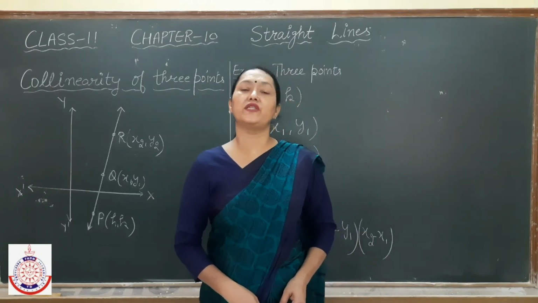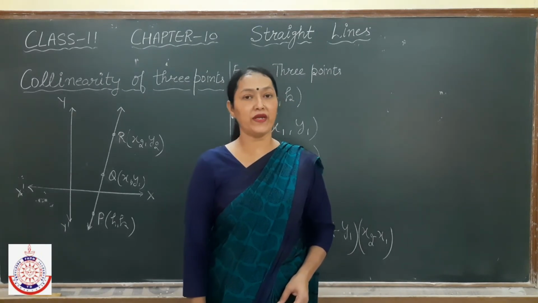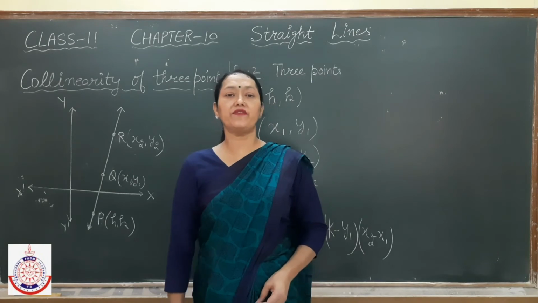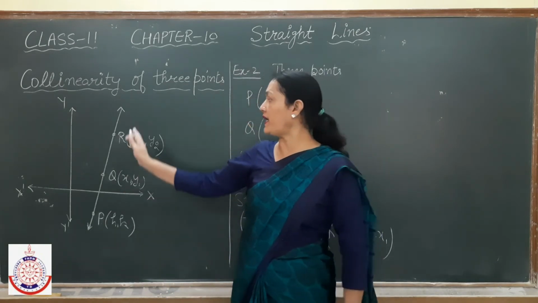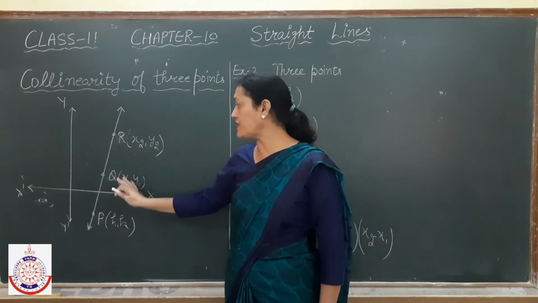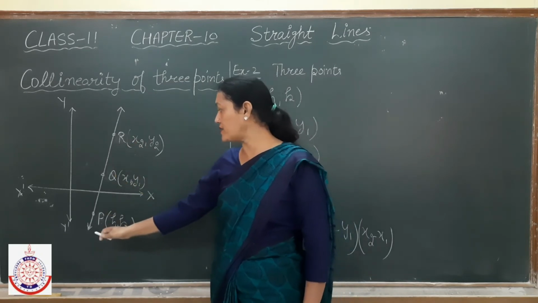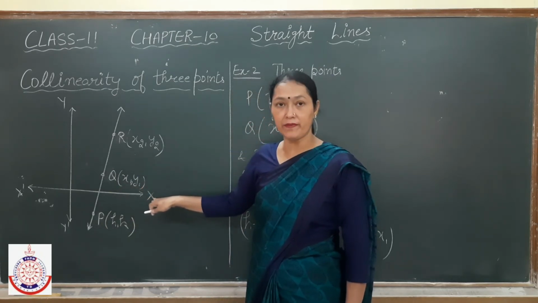3 or more than 3 points lying on the same line are called collinear points. So if we are given 3 collinear points, that means they will be lying on the same line and the angle of inclination made by these 3 points with the x-axis will be the same.